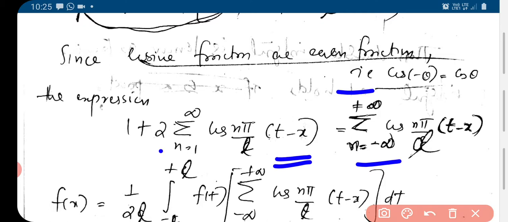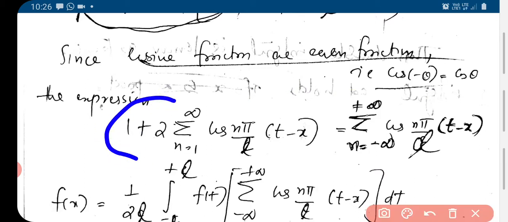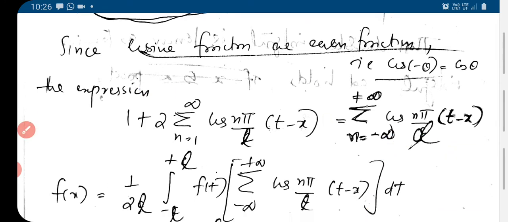So you have this 2 that you will get. Then this 1, that is for n equal to 0. When you vary n from minus infinity to plus infinity, in the middle you have n equal to 0. So when you put n equal to 0, this will be 1. So that value 1 you will get. Okay, so instead of this expression, I can write like this.